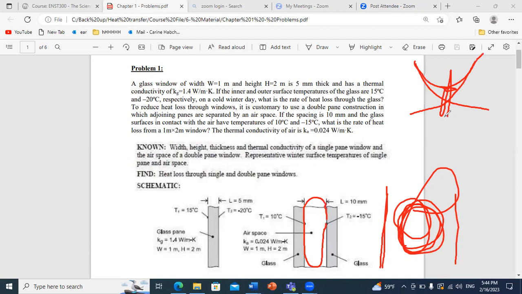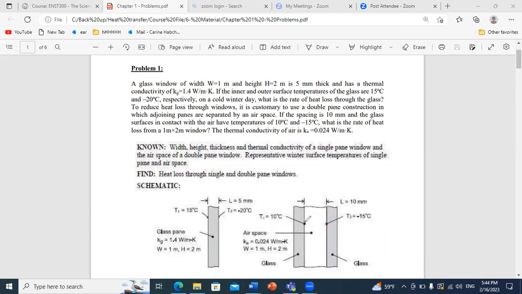Now, in this problem, they simplified things for us. They gave us directly the temperature at the extremity of the air layer. Yani, you don't need to deal with glass, but I will change the given for you to see how to do it if they just give us the extreme temperatures.